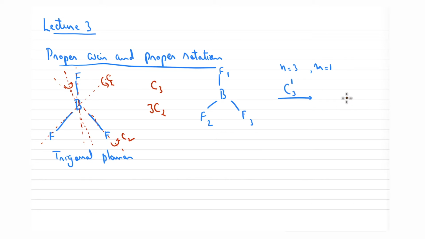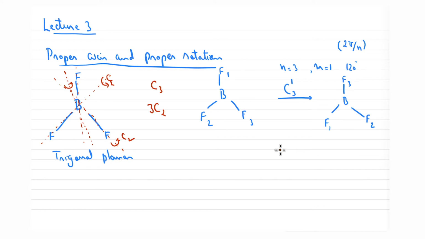So if we do that, we will do a 120-degree anti-clockwise rotation because this is 2 pi by n, right? So what do we get over here? B, F, F, F. Now this one comes here, 2 goes there, 3 goes there, right? So we have 1, 2 and 3.